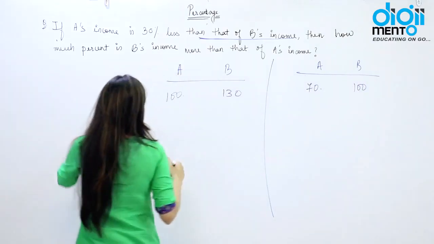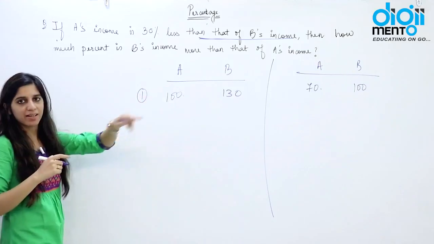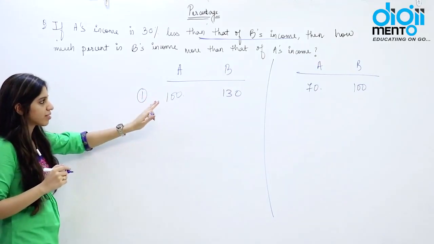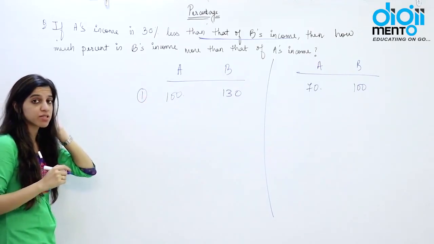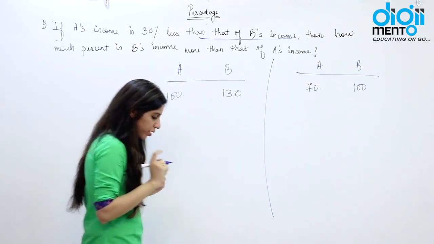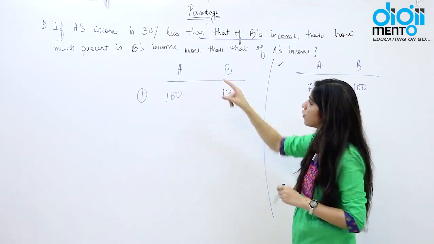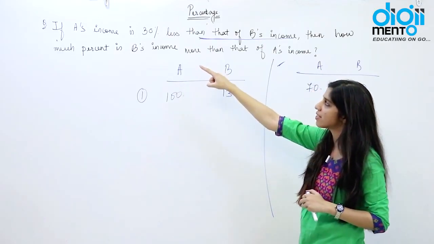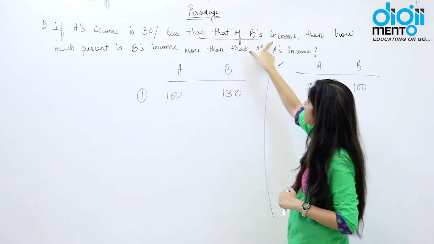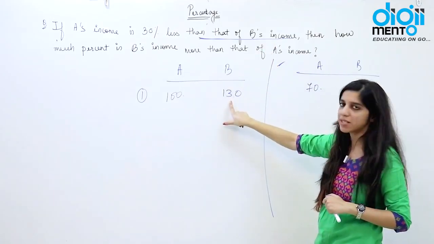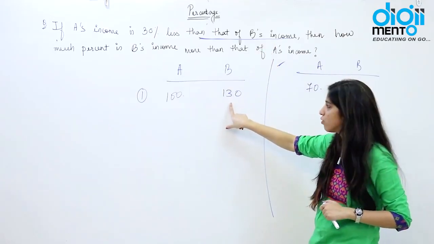Now see, why is this wrong and that right? Okay, how do you judge which one of the cases you should assume? There is only one right case here, which is this one. This is going to be wrong. Why? Because if you read the first line carefully, they say that A's income is 30% less than that of B's income. 30% of this you have to find and you subtract.